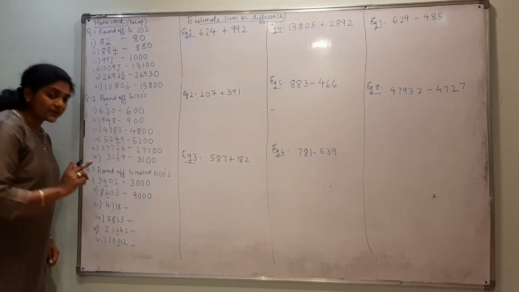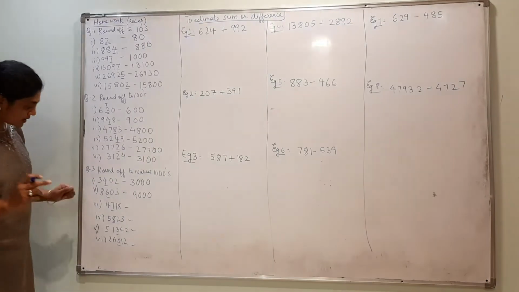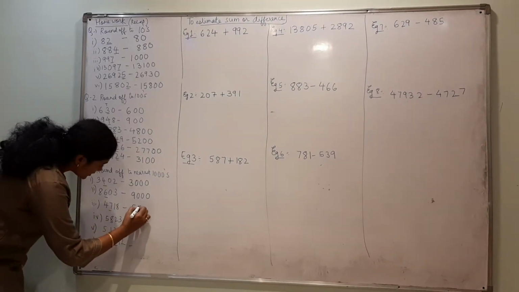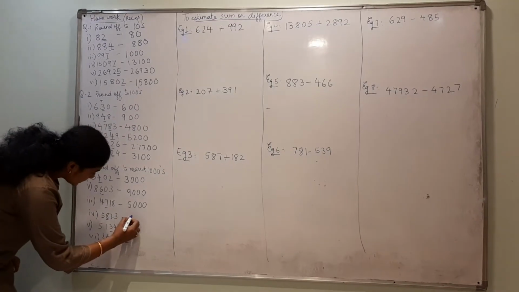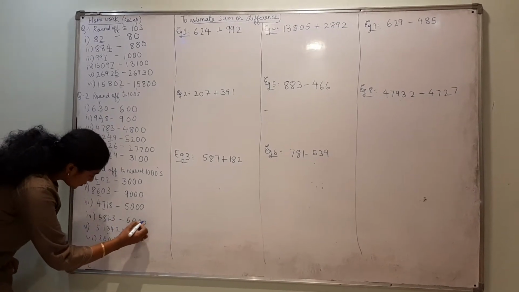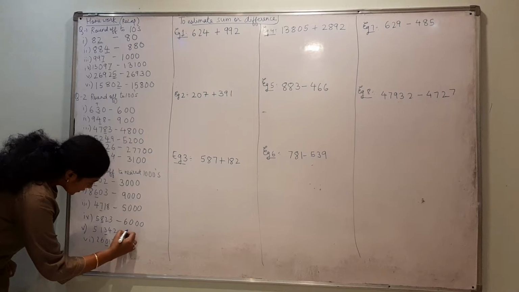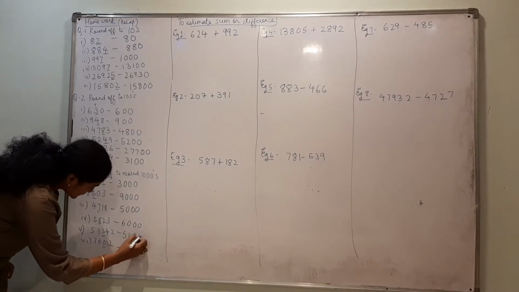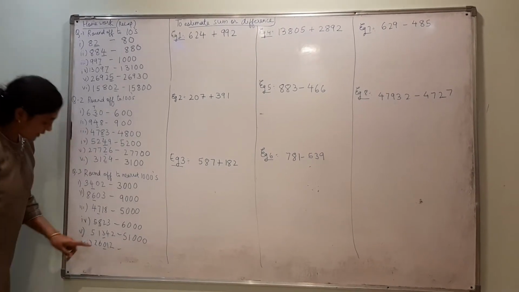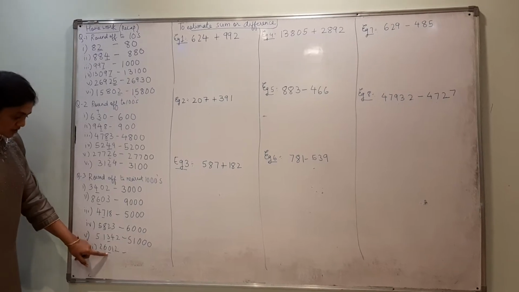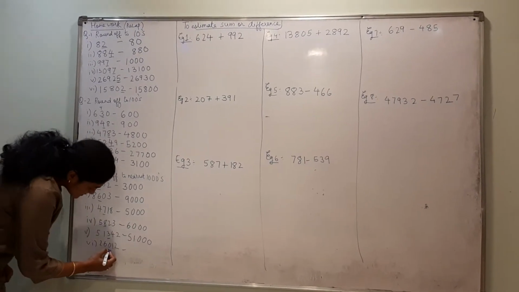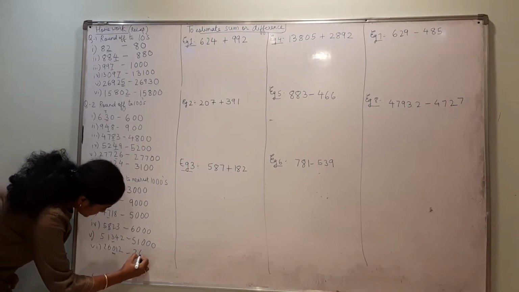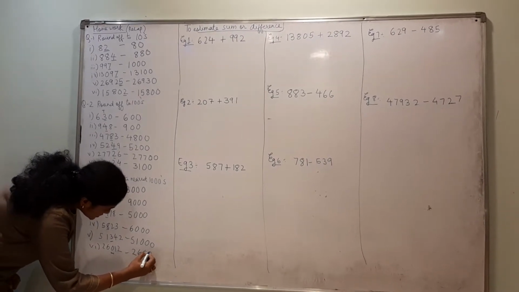Again 7, more than 5, I will add this 1 to it. More than 5, it will be 6000. 3, no need to add, right? Add 1 to it, here it is 26012. Less than 5, so this will be 26000.